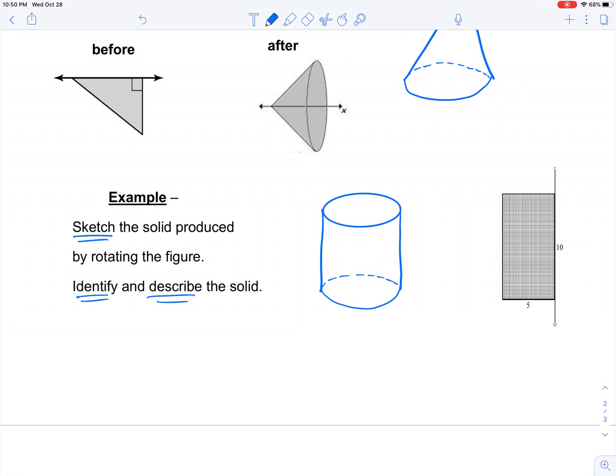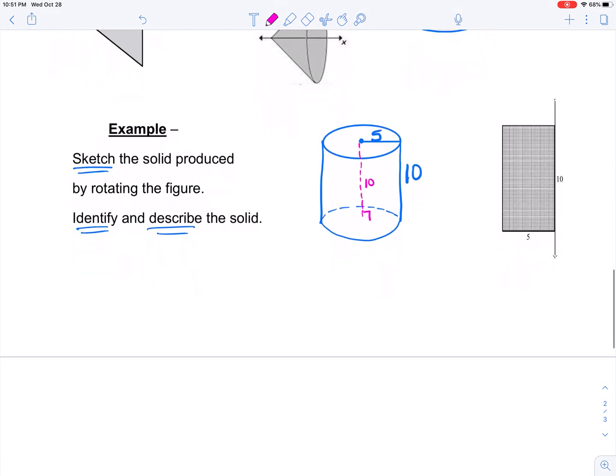I want to be specific, and I'm looking at my figure and it's showing that from the center, which would be where the stick is, to the end in the circle, that would be the radius, that is 5. The height of the figure is 10, and you can also put it on the inside, it's up to you. Okay, so that is sketching the figure.